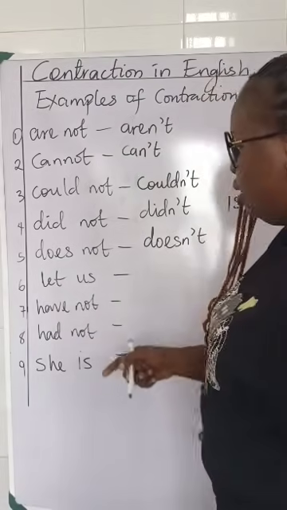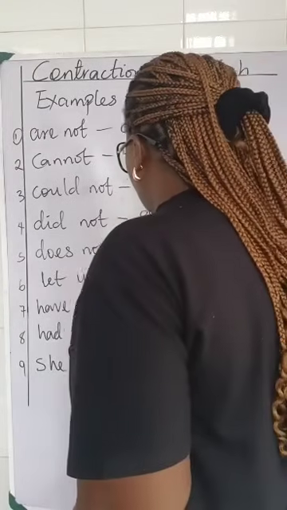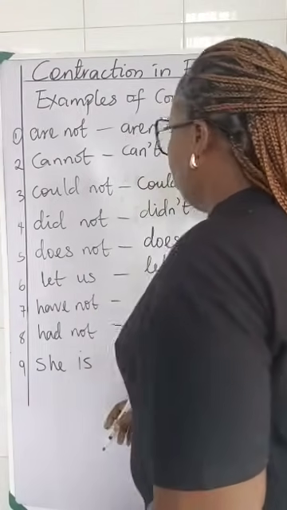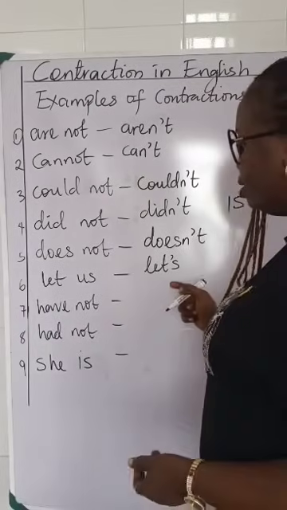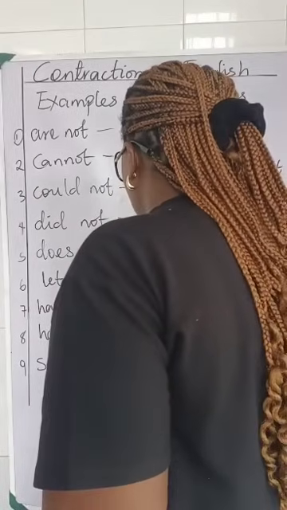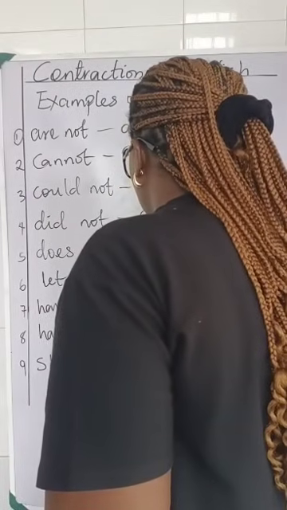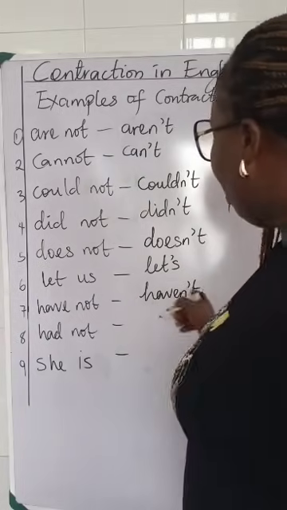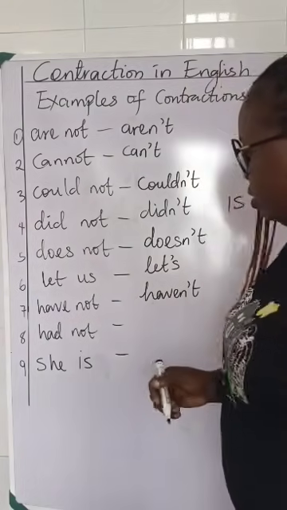Now let's see number six. Let us. Let's. Let us will be what? Let's. Have not. Haven't. Have not will have what? Haven't.